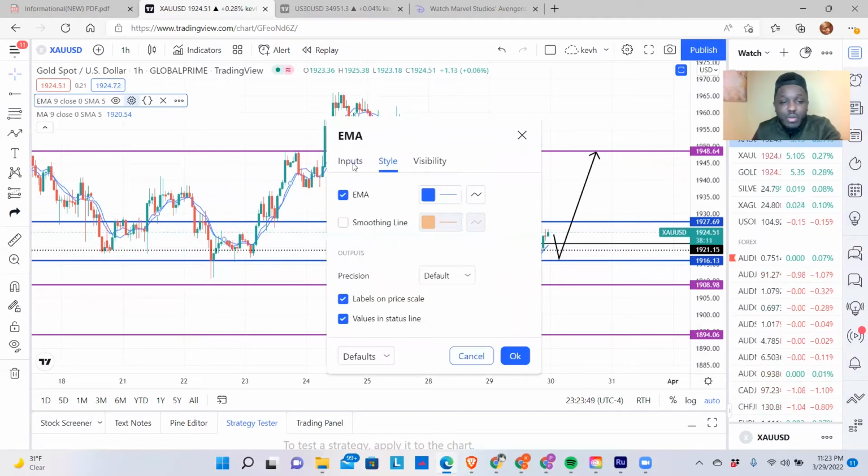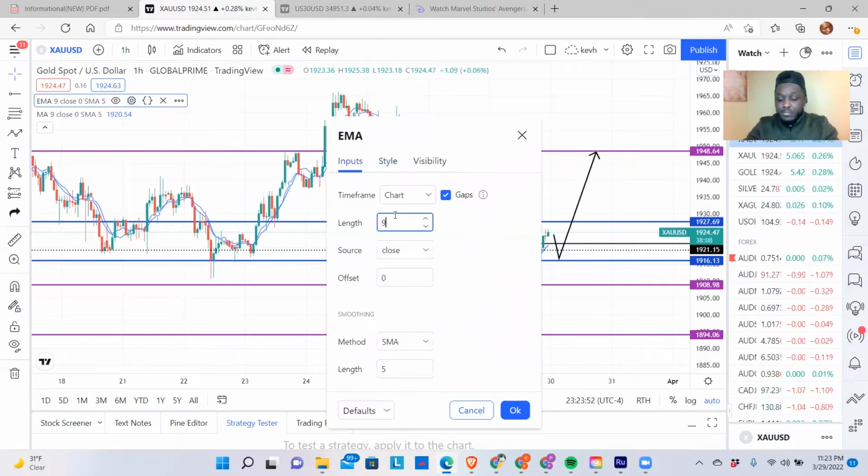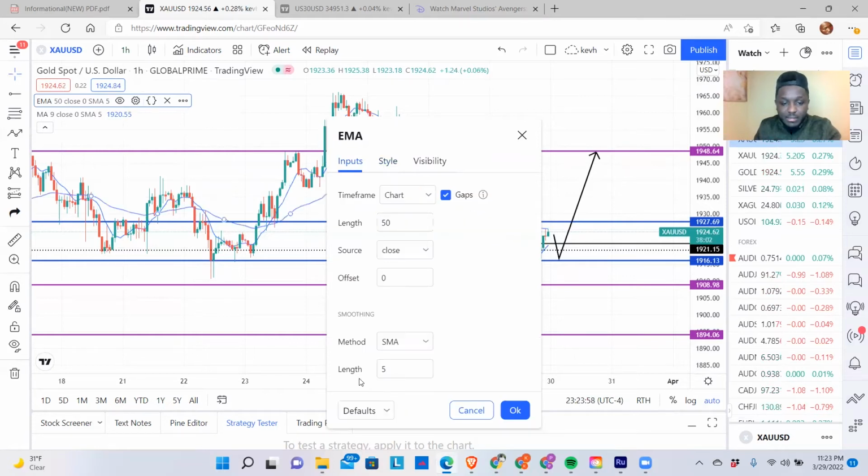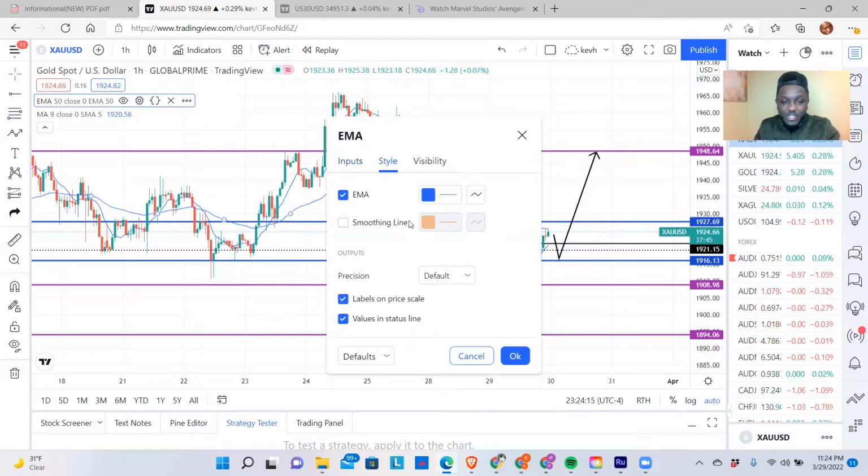settings here. So for our 50 EMA. My goodness. You can see they've really updated this, and I don't know why or what exactly all this is going to be about. I'm just going to wing it and see what's going to happen.